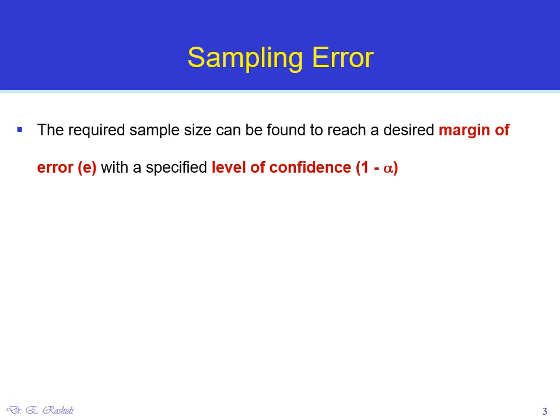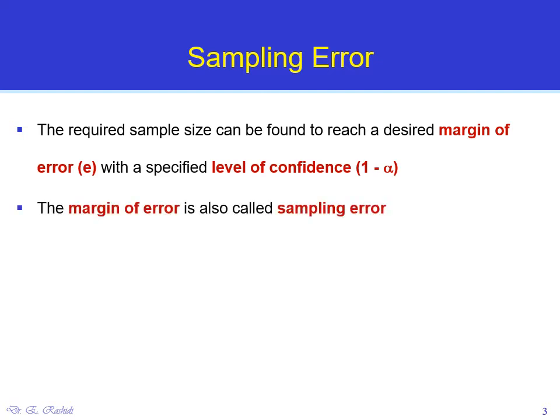So for example, when someone, for example, your boss, wants to ask you to build a confidence interval for a parameter of the population, suppose for the average of the population, then he or she would give you his or her expectation. For example, build a 95% confidence interval with a margin of error of whatever. So he or she would give you the margin of error. And this is the key point to start figuring out how large of a sample you have to take.